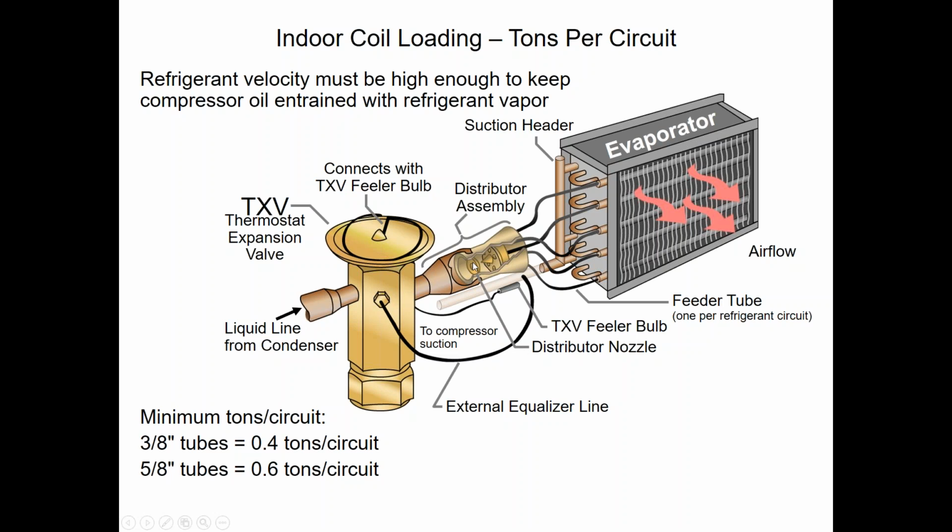Again, shows a distributor nozzle right here. Always make sure that your distributor has a nozzle in it. The nozzle will have a letter and number stamped on it that you'll be able to see. The actual letter is the outside diameter of the nozzle, so you know what nozzle to get to fit in what distributor, because you got 5/8 distributors, 7/8 distributors, inch and an eighth, inch and 3/8, inch and 5/8 distributors, and you got to have a nozzle that fits, it slides in here.